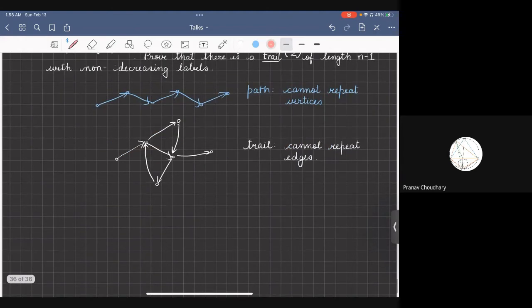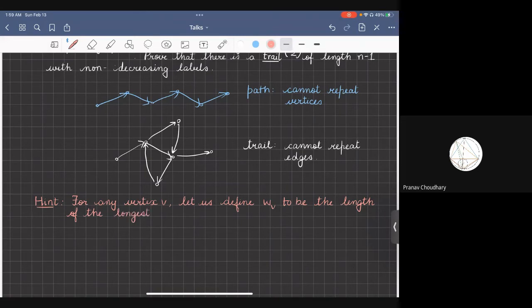So let me just give a hint here. For any vertex v, let us define some weight w of v to be the length of the longest path or longest trail ending at v.